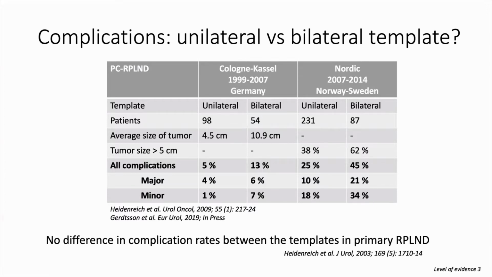But we also know that the unilateral template is mostly used in post-chemo RPLND only in small volume disease, and therefore the operation itself is undoubtedly easier. If we look at primary RPLNDs only, then according to a quite recent study from Heidenreich, it seems that there is no significant difference in the rate of complications.